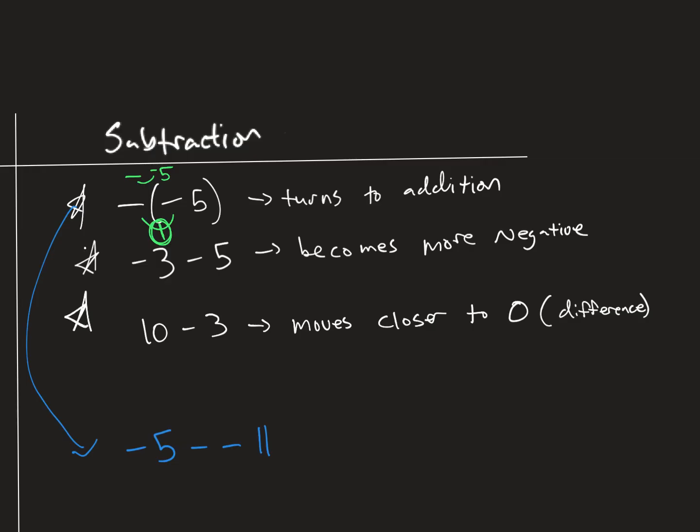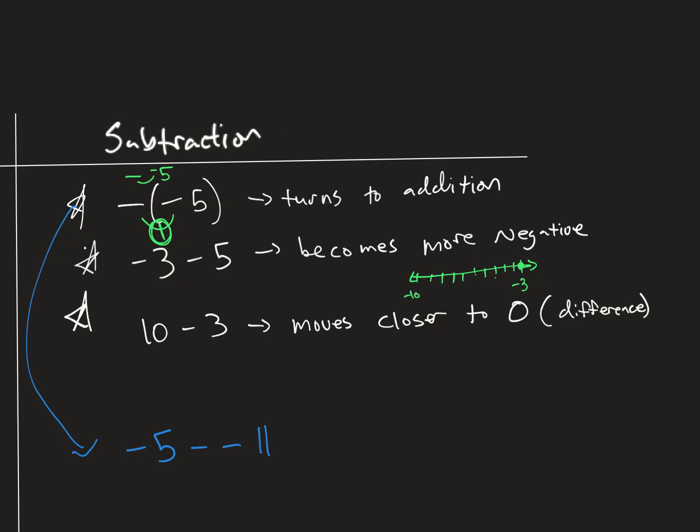If we have -3 minus 5, we have to remember, even though that 5 on its own is positive, since it's attached to that minus sign, what we are saying is -3 minus 5. So if I have my number line here, I'll write -3, 1, 2, 3, 4, 5, 6, 7, 8, 9, 10. Let's make it out to -10.